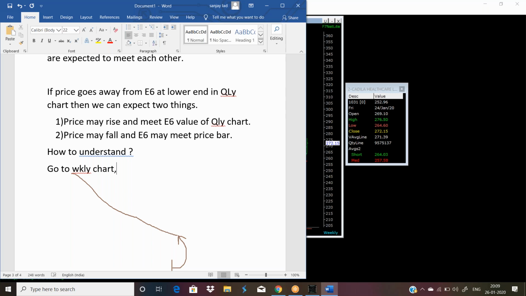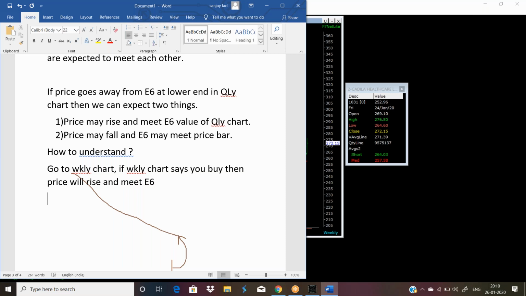Go to weekly chart, and if weekly chart says you buy, then price will rise and meet E6.